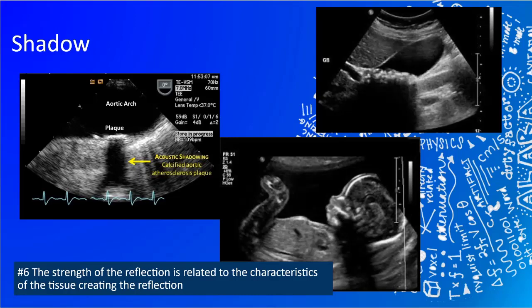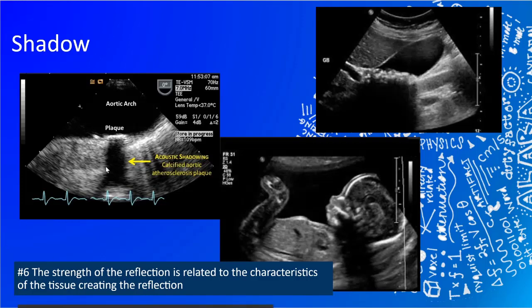Our third artifact then is shadow. Shadowing is considered an artifact because of rule number 6 being broken. Rule number 6 says that the strength of the reflection is related to the characteristics of the tissue creating the reflection. So what we are seeing with shadowing is an area that is hypoechoic to possibly anechoic in a region.